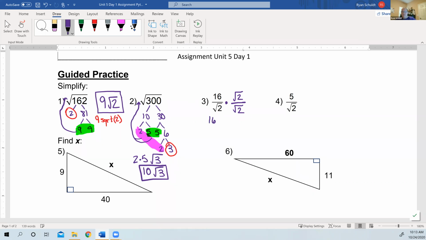That gets me 16 square roots of 2 over 2. Can I reduce these? Yes, 16 divided by 2 is 8, and then I have my square roots of 2. There's my answer.